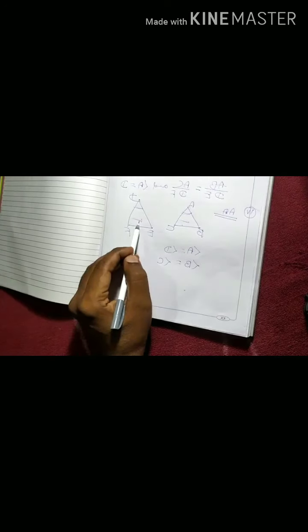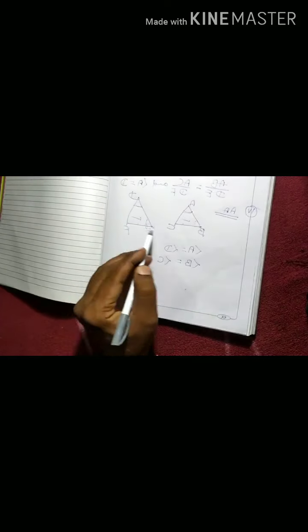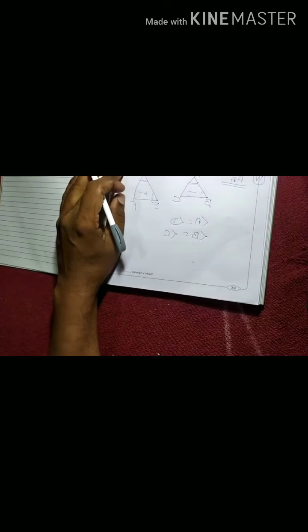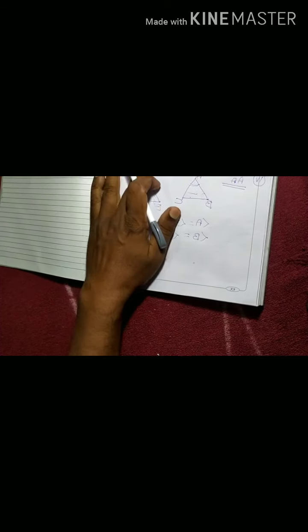In other words, when any two corresponding angles are equal to each other, then triangles are said to be similar, and this property is known as angle similarity. In this way, under these four criteria we are able to decide whether given two triangles are similar or not.